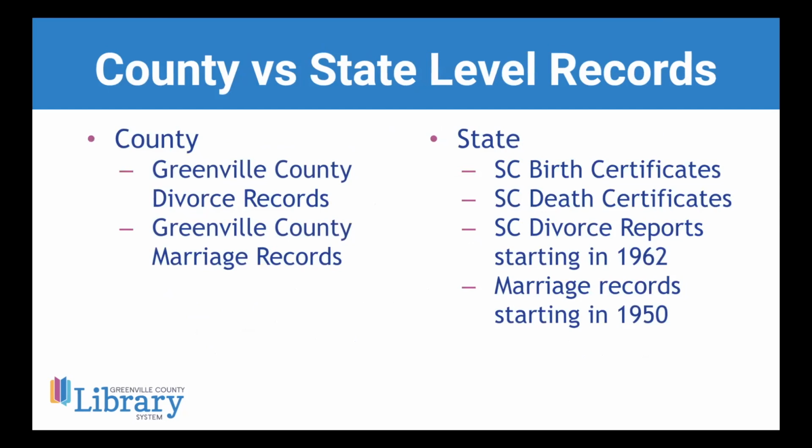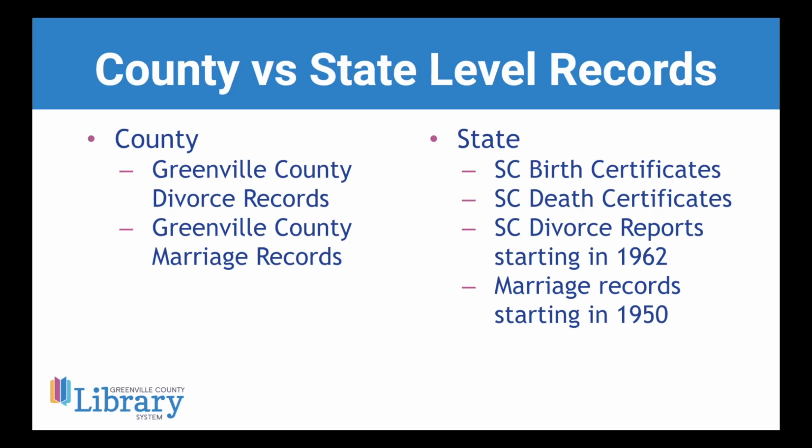And this is just a quick snapshot of some of the things and where they are held. I mentioned we're not really going to get into the divorce records, but the Greenville County divorce records are at the county level. But there's also South Carolina divorce reports that start in 1962 that are held by South Carolina Department of Health and Environmental Control.